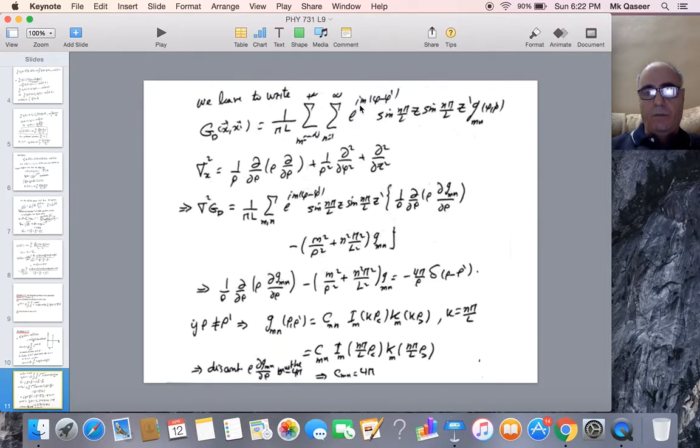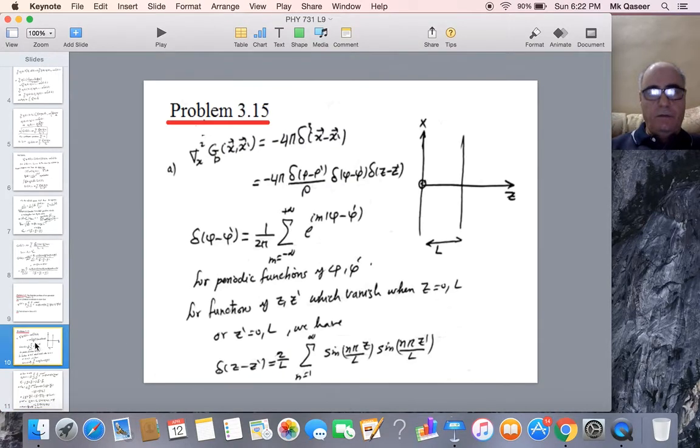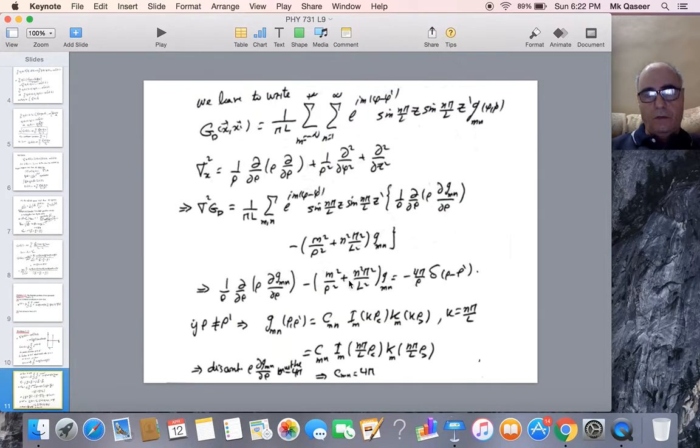When you operate on φ and on z, you get this term, times g_mn. So this should be equal to the right hand side. Once you substitute for δ(z − z') and δ(φ − φ') and equate the coefficients, we get this radial equation.